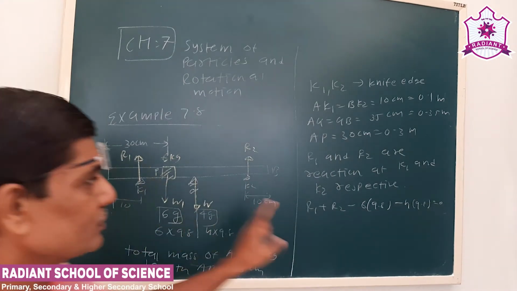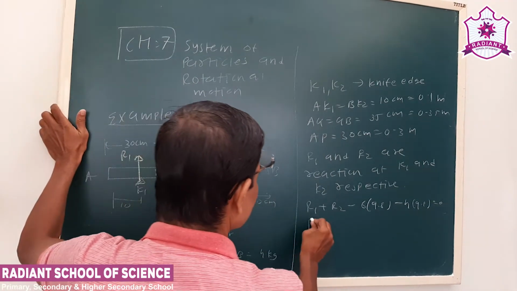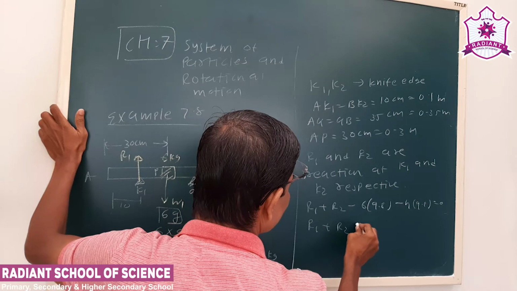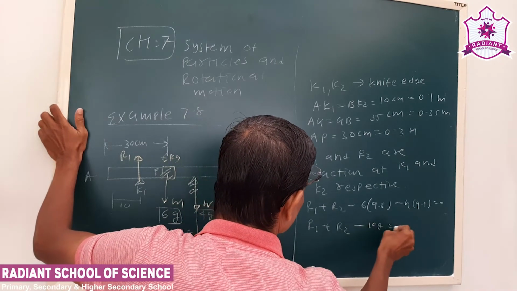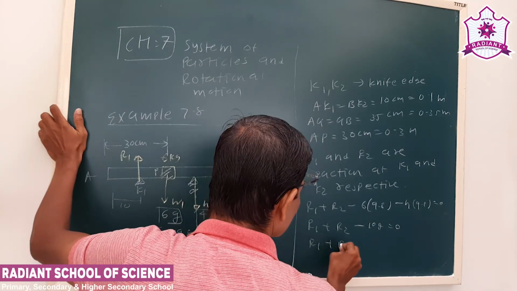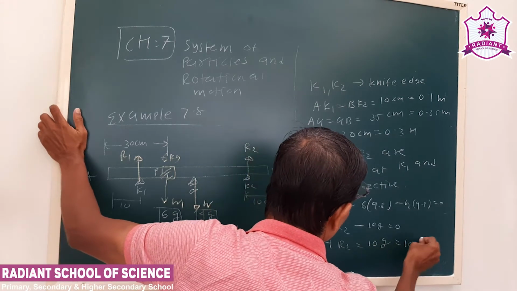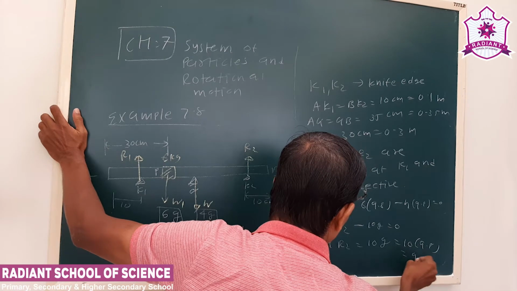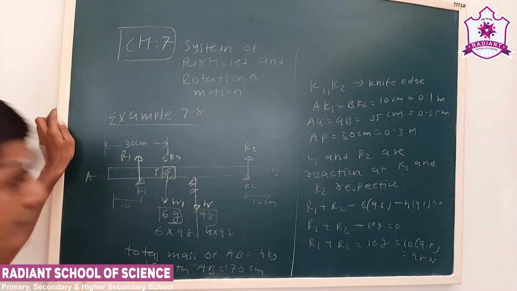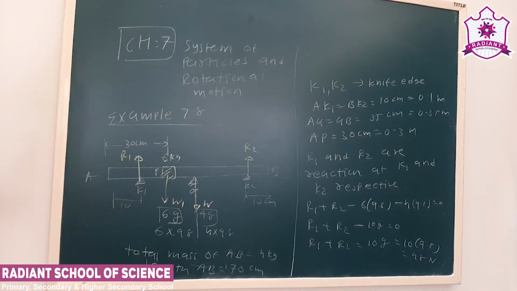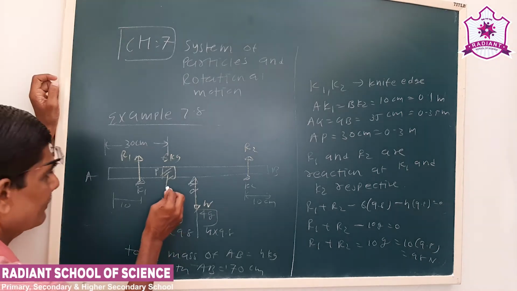Now 6 plus 4 is 10, into 9.8 is 98. So R1 plus R2 equals 98. This is the first equation we are having.